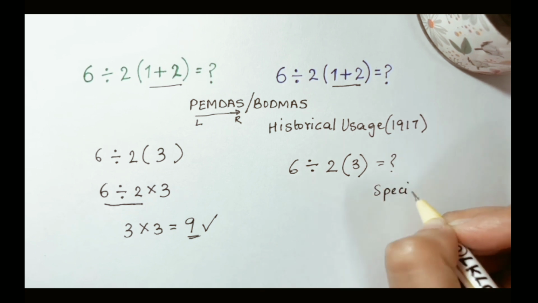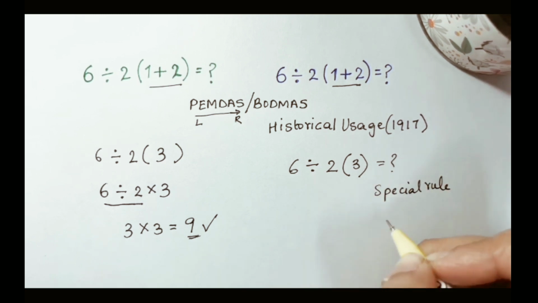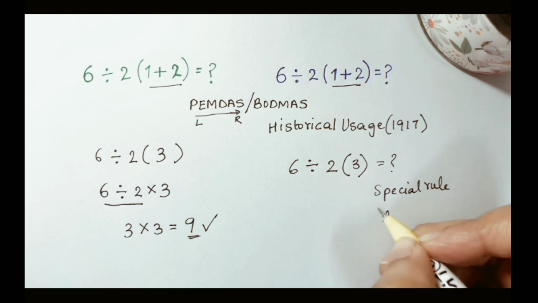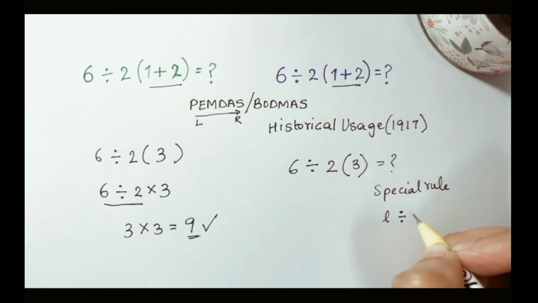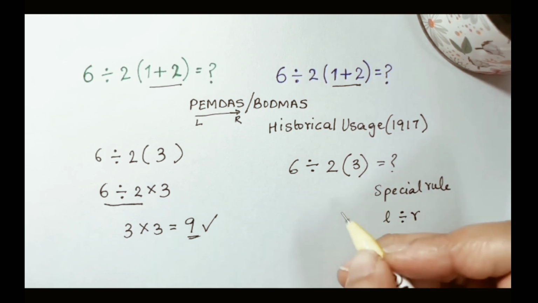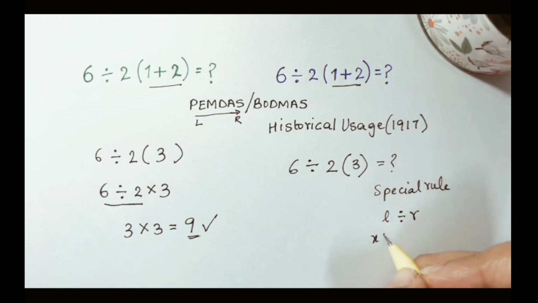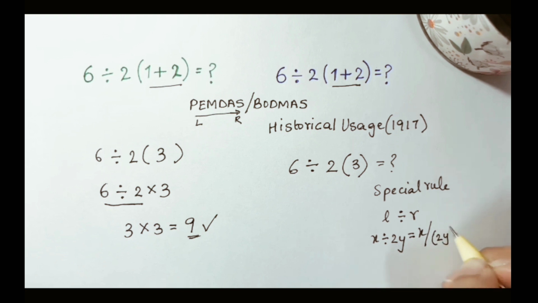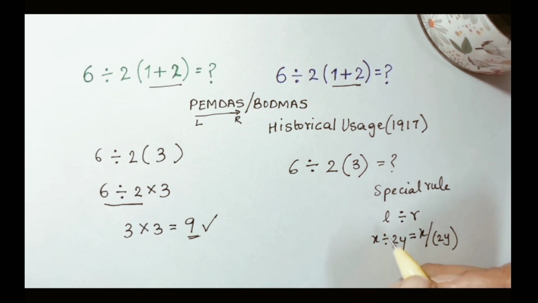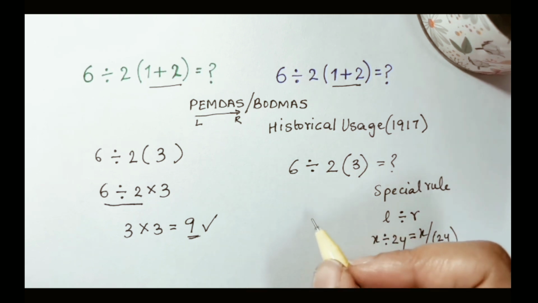For example, if a textbook wrote something like x divided by 2y, that's equal to x over the product of the denominator, that's parenthesis 2y. So this special usage is an exception to the order of operations, and we don't use it anymore.